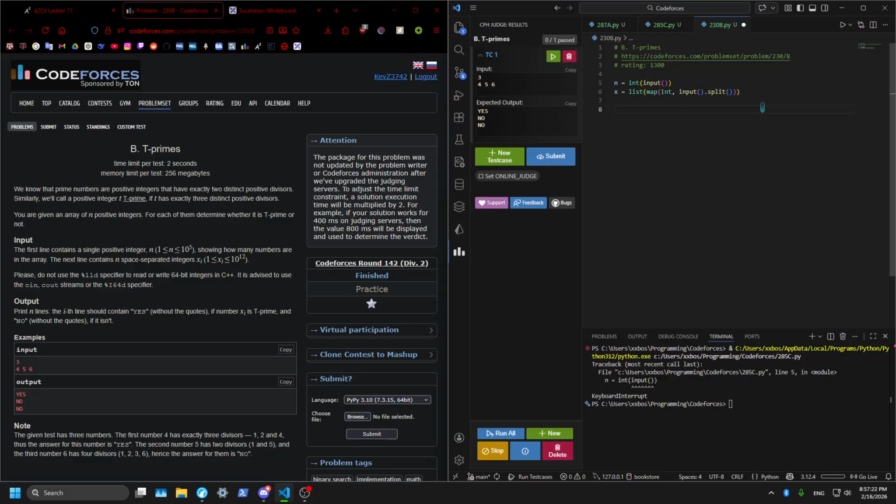The ith line should contain yes without quotes if t prime. Okay, what is t prime? If it has exactly 3 positive divisors. So 4 has 4, 2, 1. 5 is prime. 6 is 6, 3, 2, 1. Okay. I get it. The question is, how do we actually calculate this?